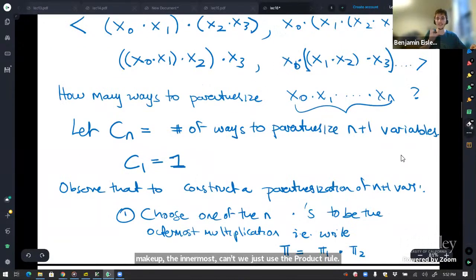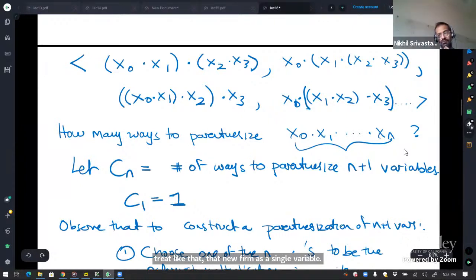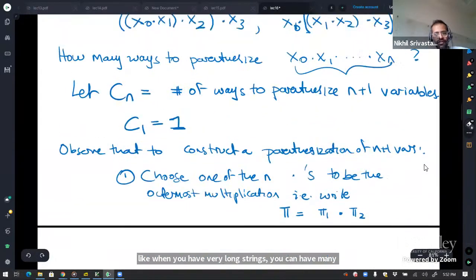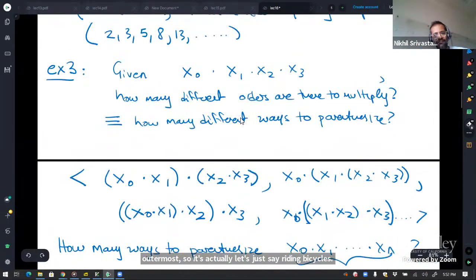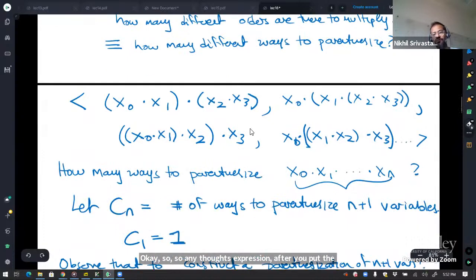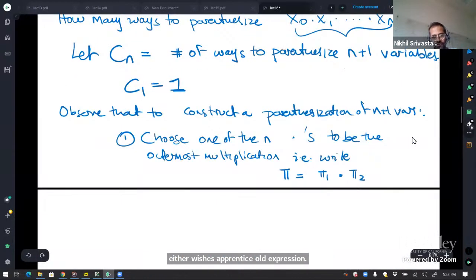Like, if we make it the innermost and then we just treat that new term as a single variable. That doesn't work because there's no unique innermost. Oh, like when you have very long strings, you can have many innermost parenthesizations. So you have to do the outermost. So actually, let's just say you write it as pi equals pi1 times pi2. I'm not going to put parentheses there. Okay, so any such expression after you put the parentheses is going to be a product of two things, each of which is a parenthesized expression. Okay, so choose one of these to be the outermost parenthesization.